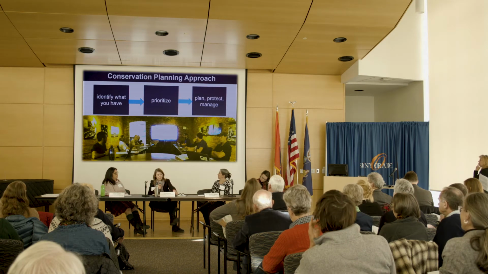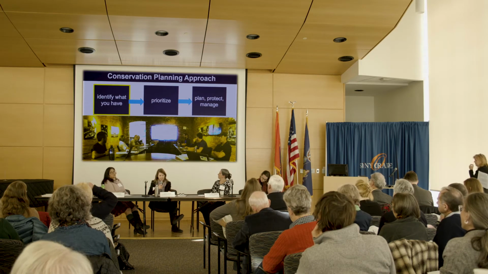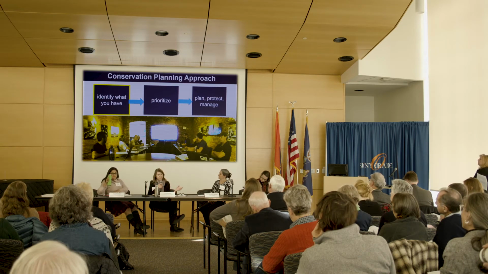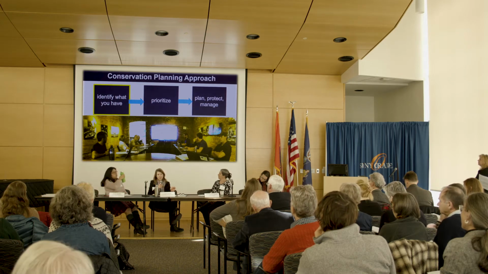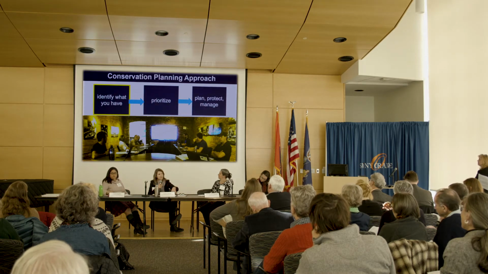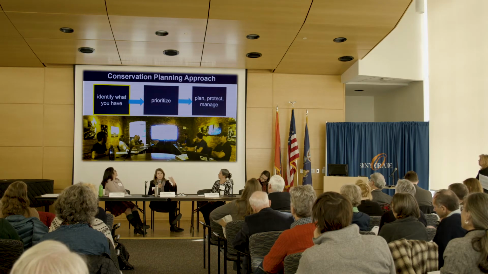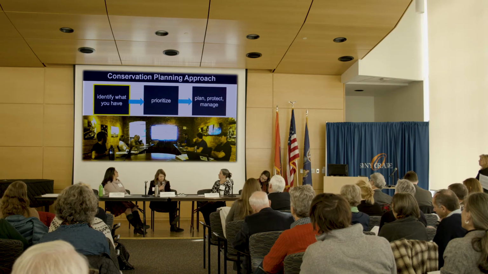So the NRI part of this process is really that first step of identifying what you have. And as Michelle pointed out, the open space inventory, you may hear that term also, that's really technically where you take the inventory and you set priorities and you create a prioritization based on parcels. So that gets into that deeper step of prioritization.